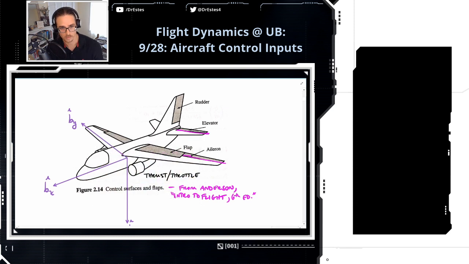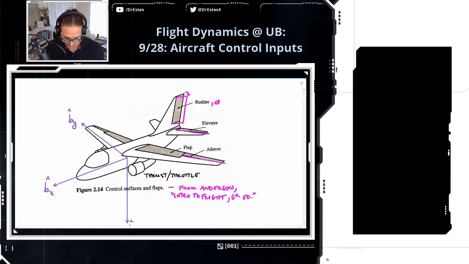All right, so we got the rudder here at the back, and you can rotate this. And that's going to tend to yaw the aircraft.